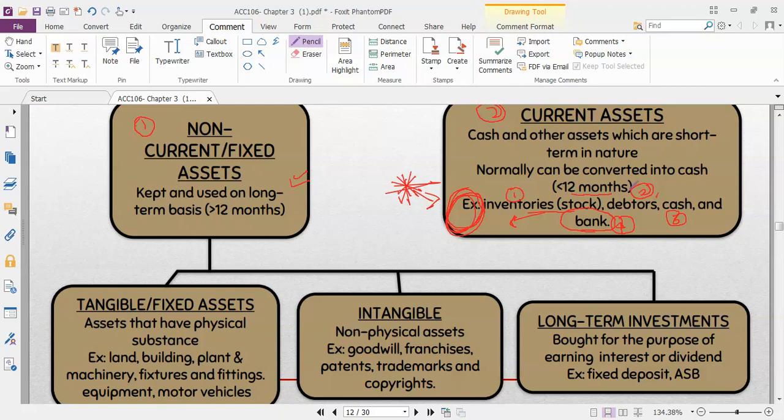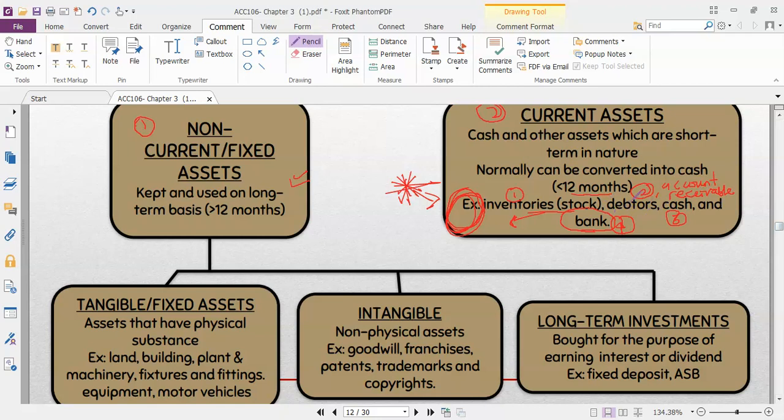Saya beritahu. Okay, other name for debtors is account receivable. Cuba sebut account receivable. Jangan salah sebut. Account receivable ataupun debtors. Debtors ni bukan debtors tau.